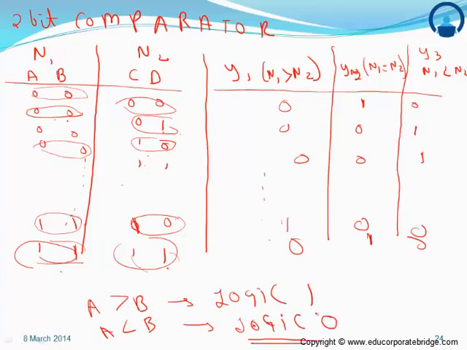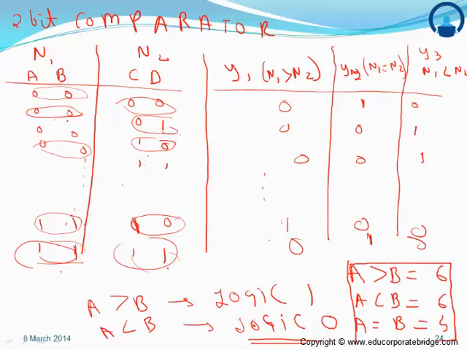Now, if a total of 16 combinations are present, the number of possible combinations for A greater than B will be 6, the number of combinations for A less than B will be 6, and the number of combinations for A equal to B will be 4. This case is true for 2-bit magnitude comparators.